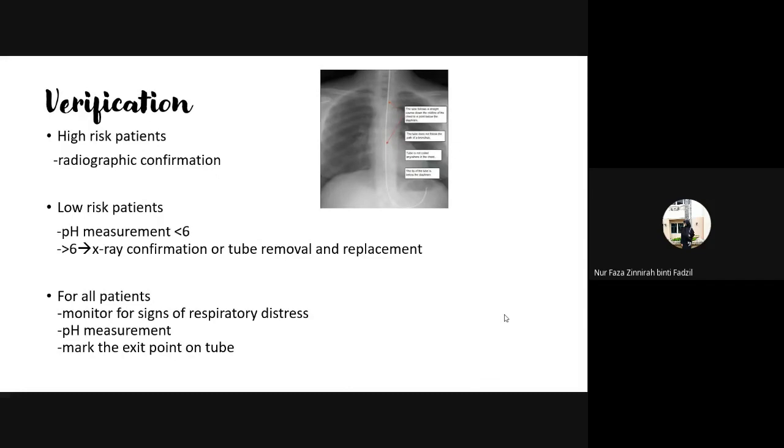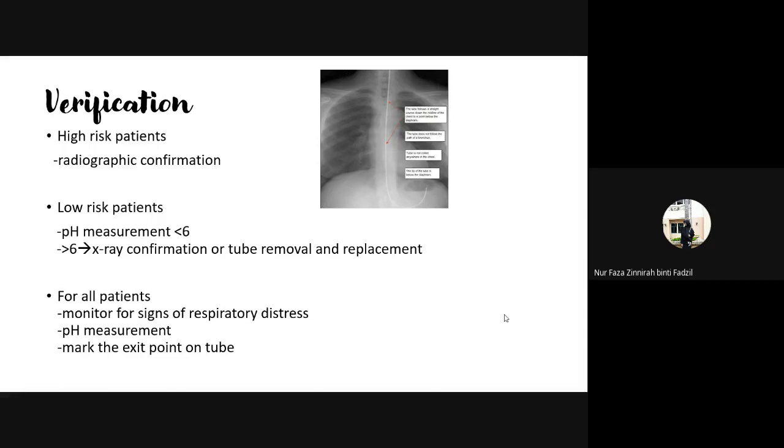So for verification in a high-risk patient, for example if the patient is neurologically impaired, has an absent gag reflex, or is critically ill, we need to confirm by chest X-ray whether the tube is in the correct position. The tube should be below the diaphragm. In a low-risk patient, the pH measurement must be less than 6.